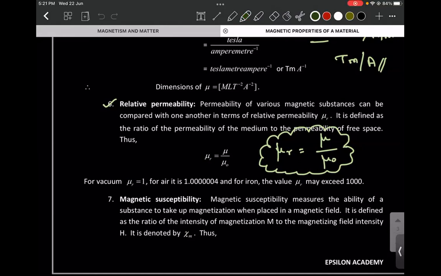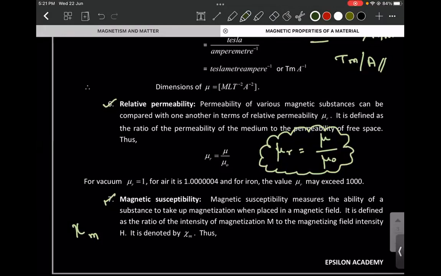Now, the next concept that we are going to discuss today is magnetic susceptibility. Write down this point as magnetic susceptibility, and it is represented by the symbol chi m.